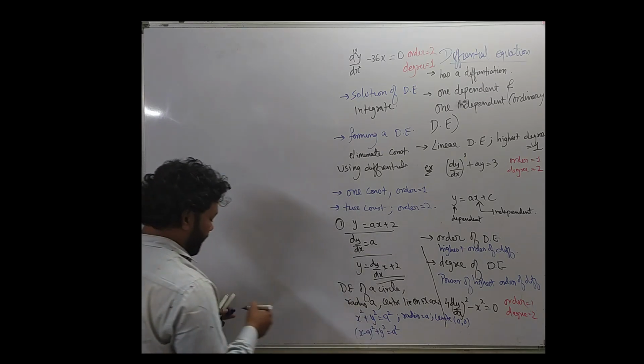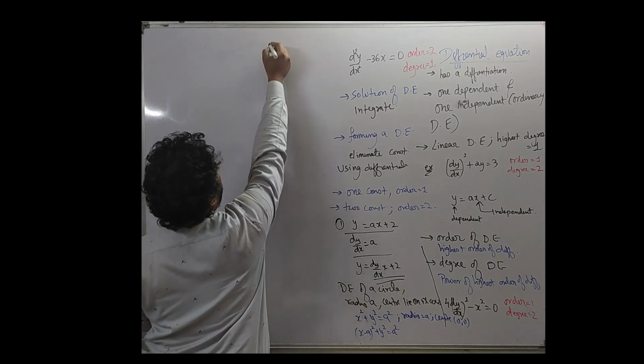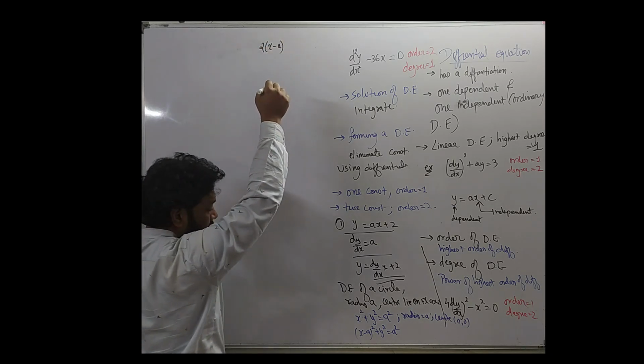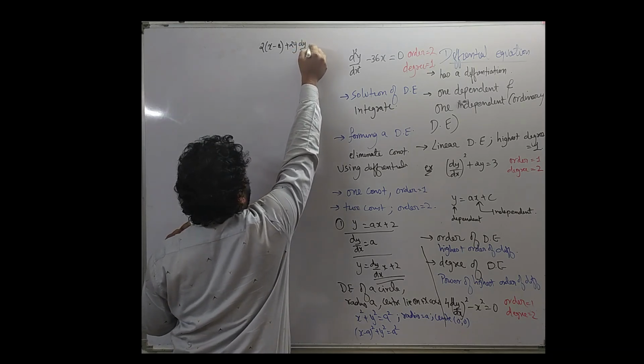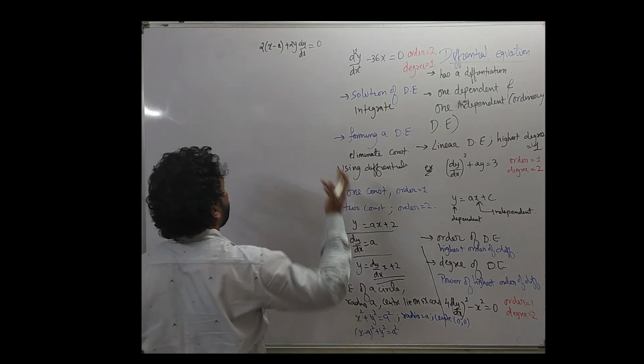Here we have one constant a, so let us try to eliminate it using differentiation. The differentiation would be 2(x - a) + 2y dy/dx, and the constant when we differentiate we get as 0.